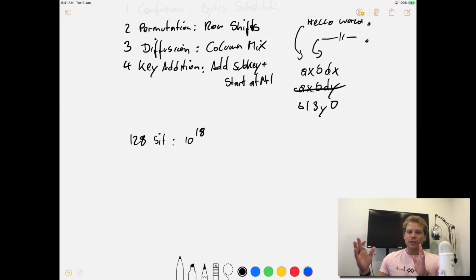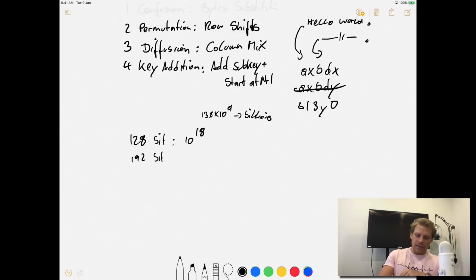So this is a really, really long time, right? Just as an example, remember 10 to the 9 is billions, right? So the universe has been existing for approximately 13.8 times 10 to the 9 years. So it takes a really, really long time. 192 bits is 10 to the 37, 256 bits is 10 to the 56 years, right?